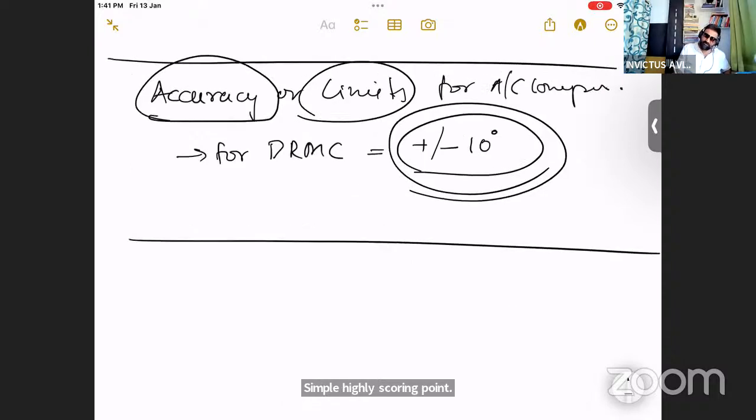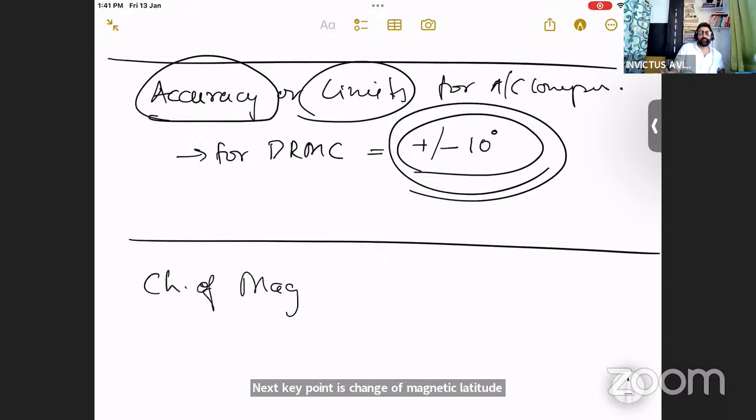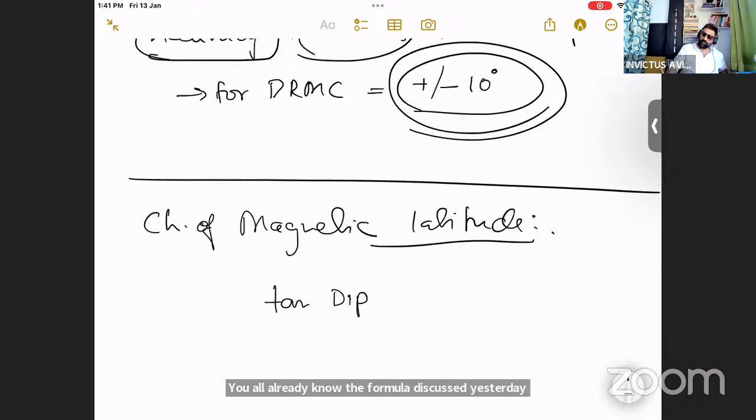Next key point is change of magnetic latitude. You all already know the formula discussed yesterday. Tan dip is equal to Z upon H. This point we have already discussed in the beginning of class. Okay, just write down a couple of points.